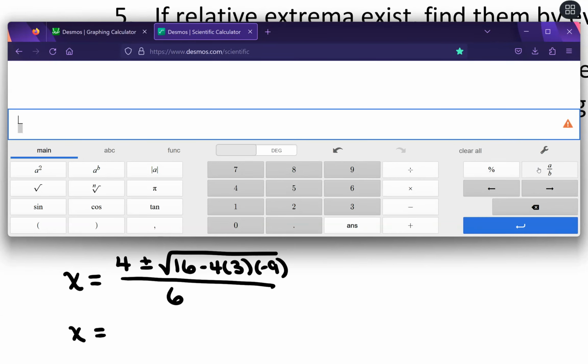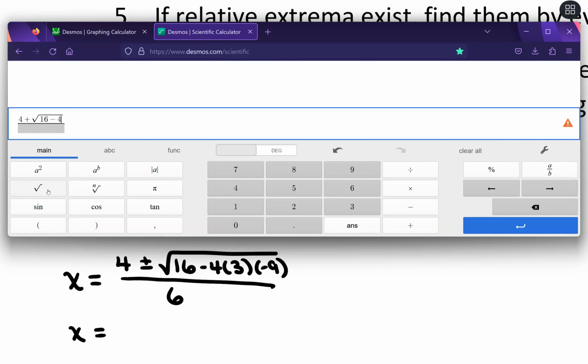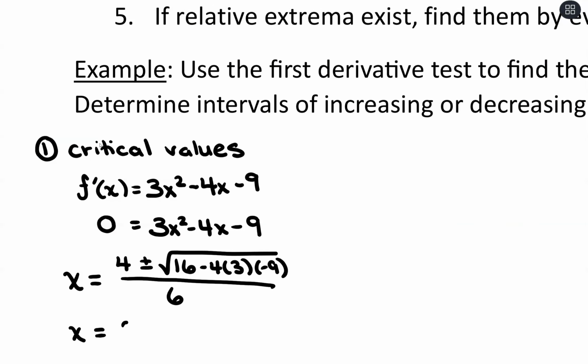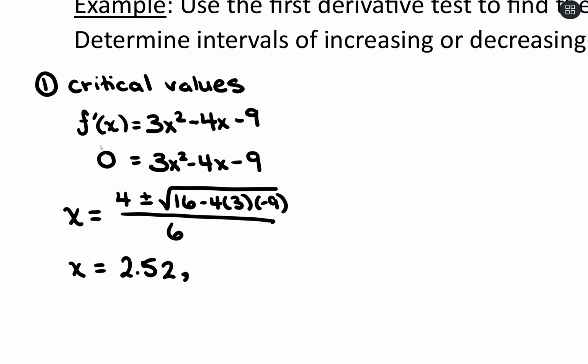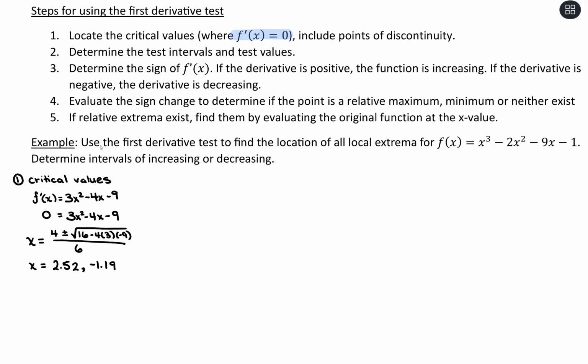Okay, we're going to go 4 plus the square root of 16 minus 4 times 3 times negative 9, all over 6. So that's 2.52. And then we'll have the one with subtraction, which is negative 1.19. Okay, so we found our critical values.